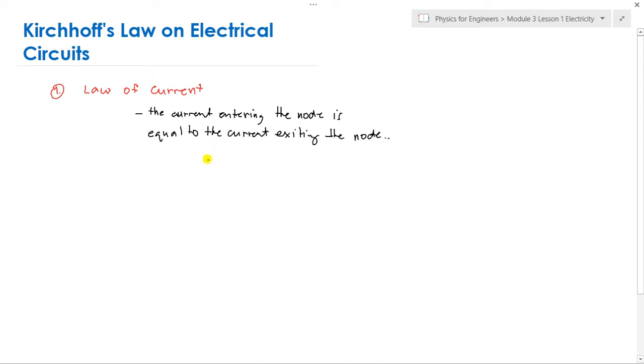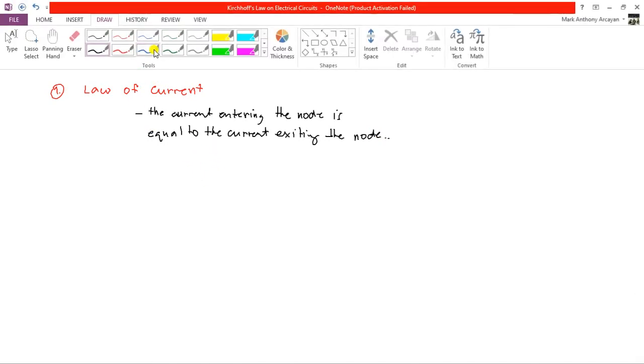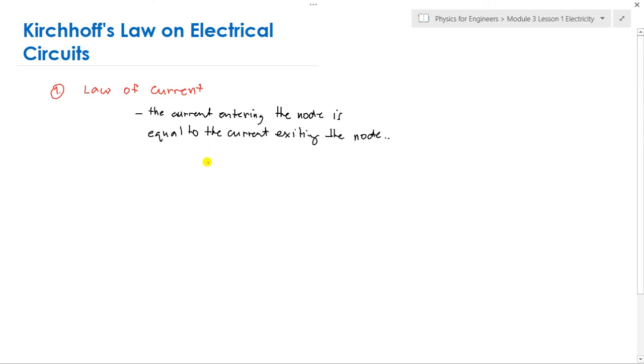So let's say we have an electrical circuit, and this is our power source. Then there is a branch there with a resistor, then the other branch splits again. This law focuses on every node.